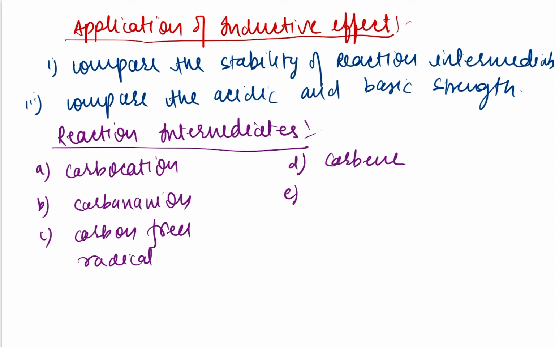Fifth is nitrene. Sixth is benzene. So these are the intermediates which form in between the reaction, and that's why they are called the reaction intermediate. They are formed in between the reaction, right? So let's discuss each and every reaction intermediate in brief.